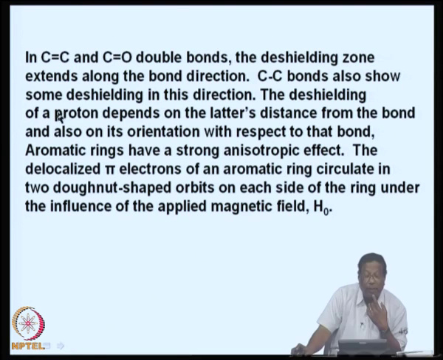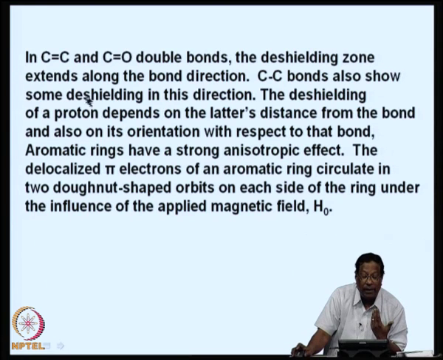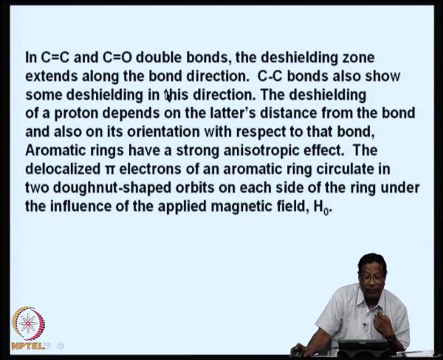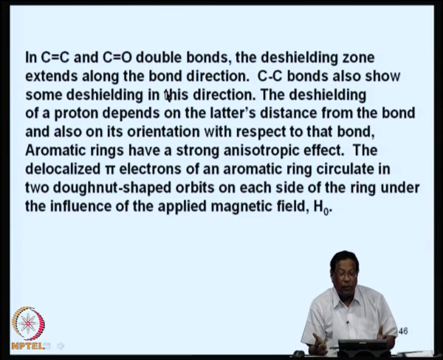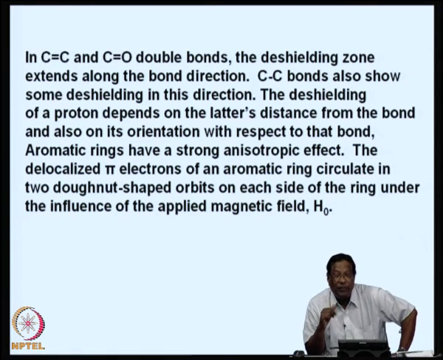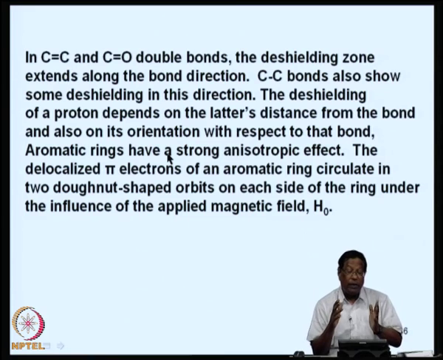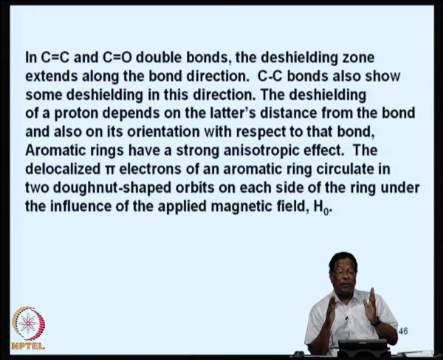In carbon-carbon double bonds and carbon-oxygen double bonds, suppose you are handling different compounds, the de-shielding zone extends along the bond direction. Single bonds also show some amount of de-shielding in this direction. The de-shielding of a proton depends upon its distance from the bond and also on its orientation with respect to that bond.